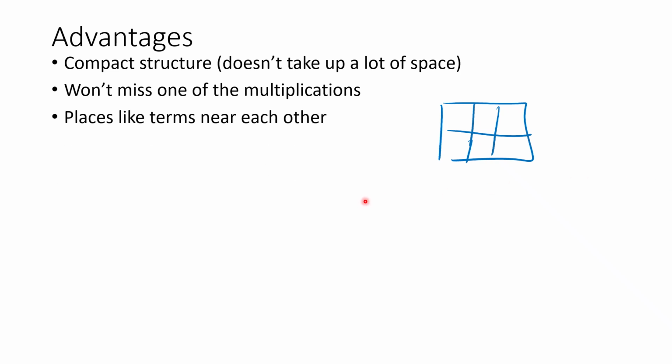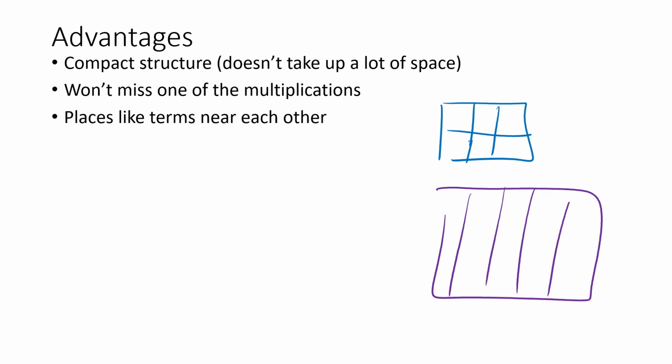It places like terms near each other, often on the diagonals. Okay, so it's often on the diagonals. You can kind of see where I'm doing that. If you had a bigger rectangle, you would see something similar where your like terms would be on those diagonals. So the things that you wanted to add.